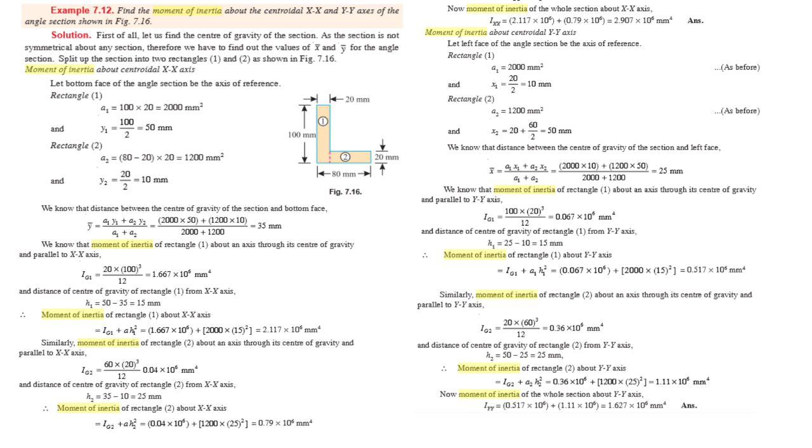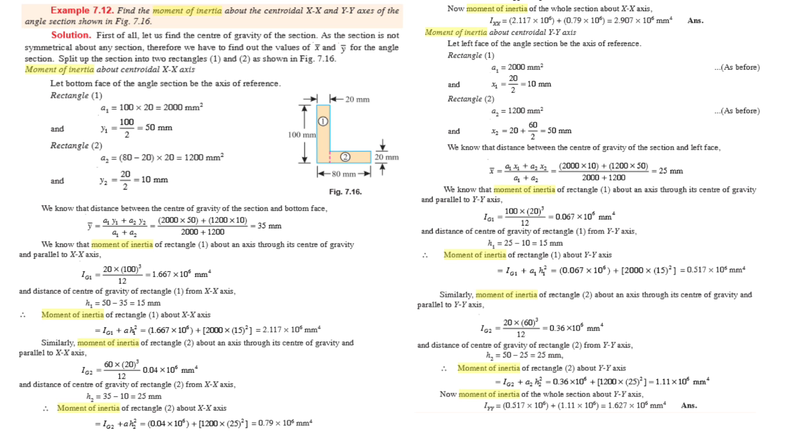Therefore, area 1 is equal to 2000 mm square. So x1, along the x-axis, the centroid, is 20 divided by 2 is equal to 10 mm. For rectangle 2, area 2 is equal to breadth into height.